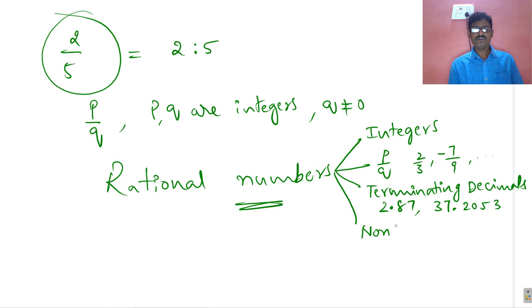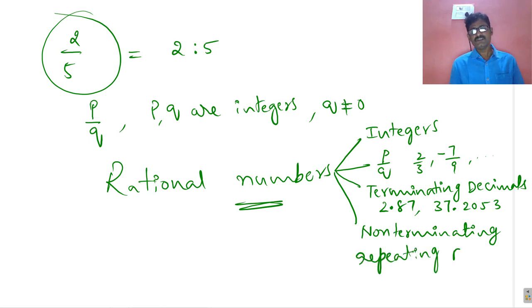Then we have non-terminating repeating decimal numbers. Non-terminating means the decimal number will not end at any point. That is said to be non-terminating.